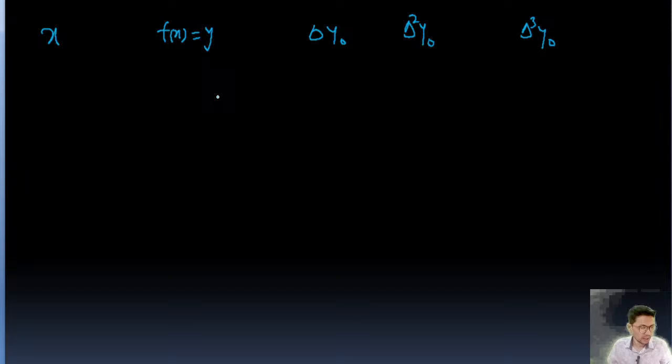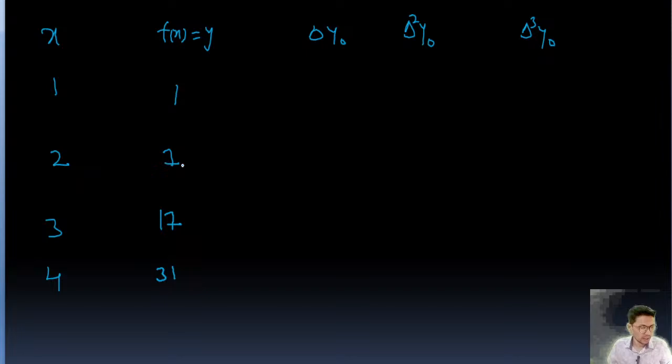The x values are 1, 2, 3 and 4, and the y values are 1, 7, 17 and 31.